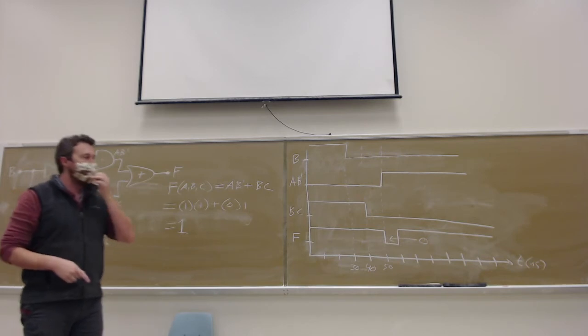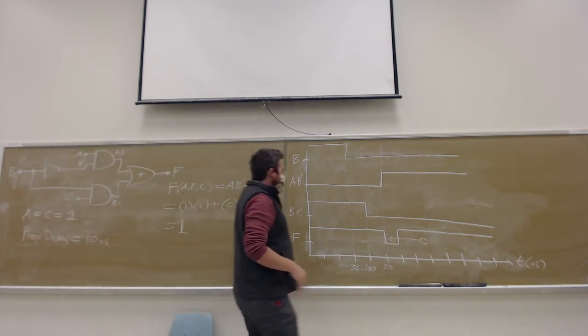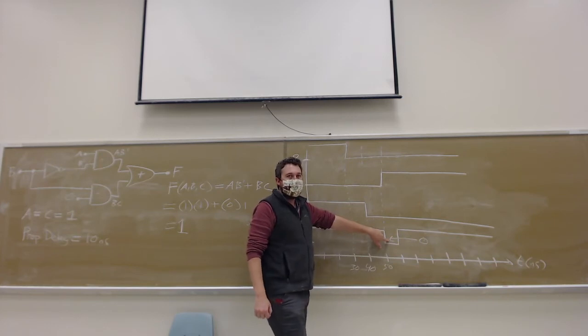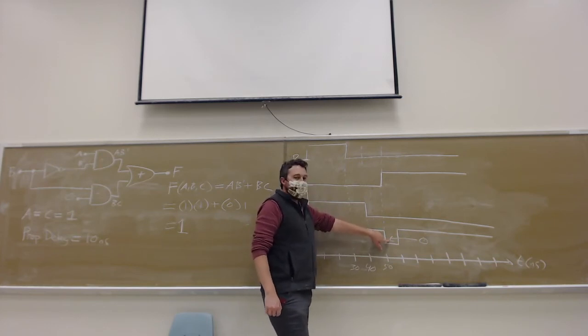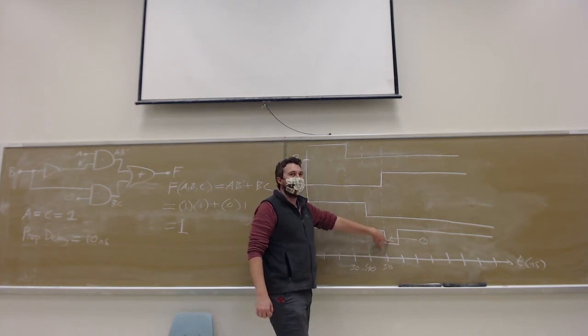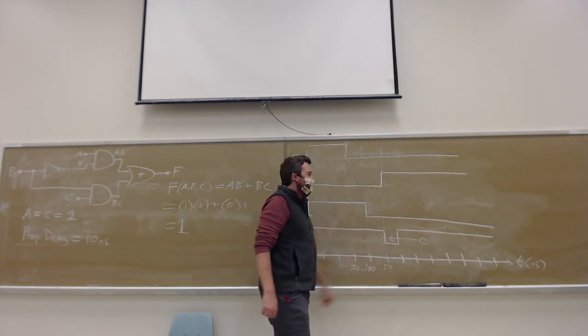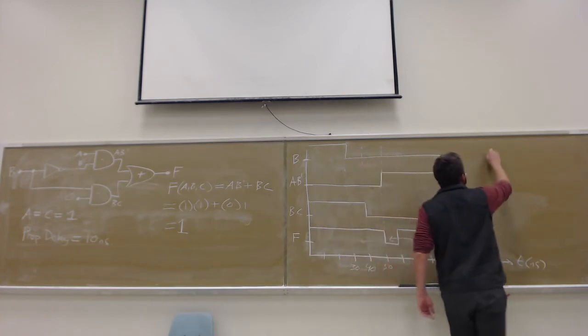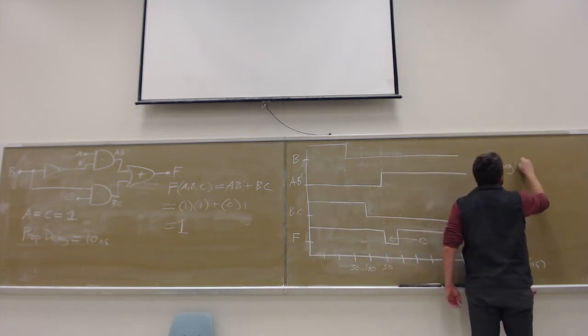But because of the timing delays, we had this weird moment where the output clicked to 0, right? Now, it's not hard to see that that can cause all kinds of problems, right? Because what is F hooked up to? And what is it going to do when it sees a 0 momentarily show up on its input, right? This is what we call a logic hazard.